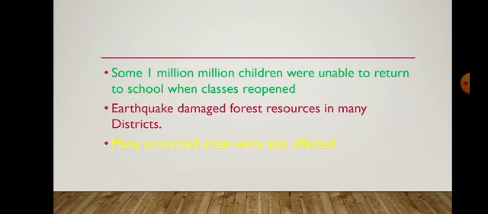For example, you can see that landslides destroyed the nesting of so many bird species which were living on the cliffs. Even in the forest areas, the earthquake also affected the timber.